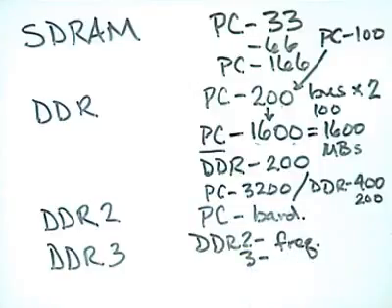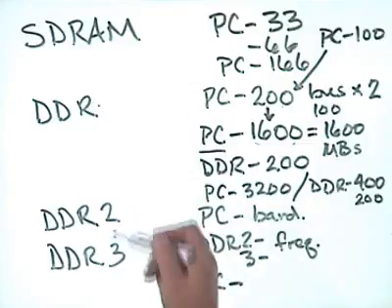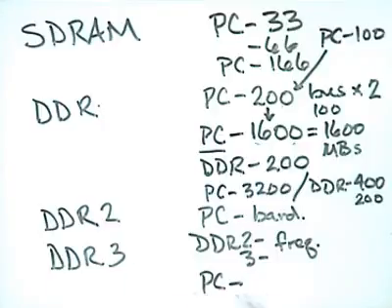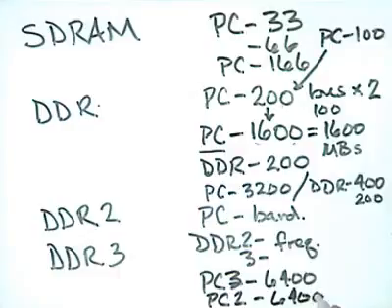So with all newer memory modules, you can take the PC number in every case and compare it between DDR, DDR2, and DDR3. So for instance, if I had a DDR3 module that operates at PC3 6400, or if I had a DDR2 module that operates at PC2 6400, you might ask yourself which memory module is faster.